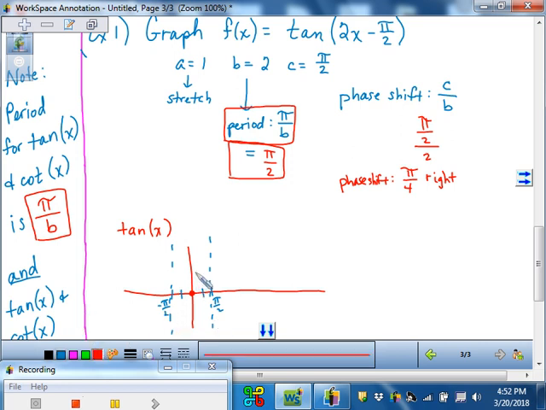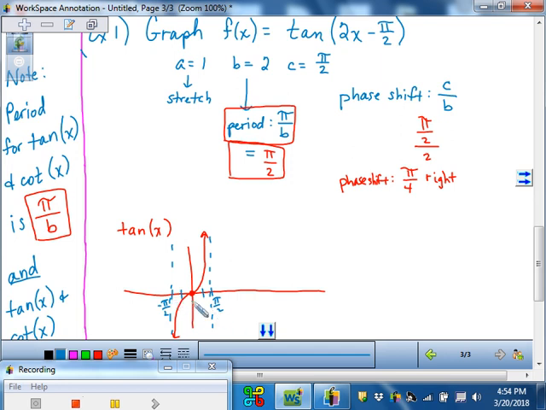The graph of tangent will start at that midpoint of the two asymptotes, and then it will rise up to the right, and it will fall down to the left, and it goes forever in that particular pattern.